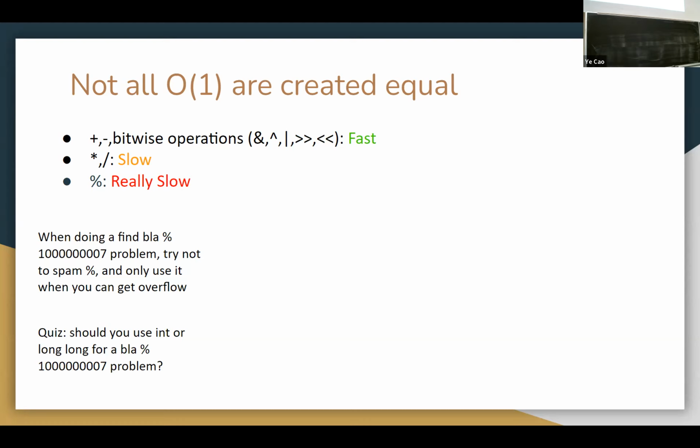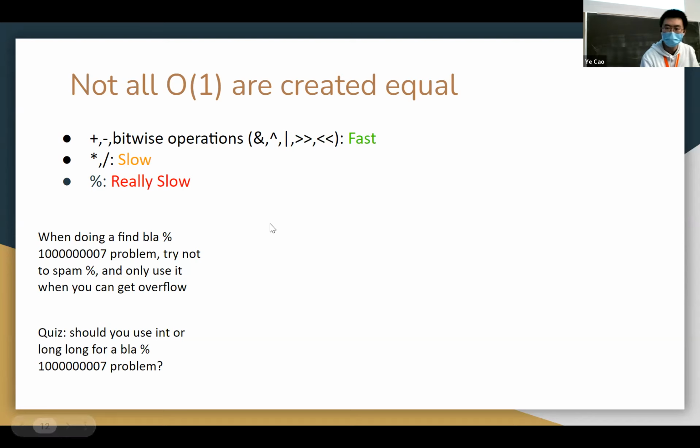Because remember, what's approximately the largest number a long long can hold? Yes, 9 times 10 to the 18. Our number is only about 10 to the 9, so if we square the number, we get 1 times 10 to the 18, which is definitely less than 9 times 10 to the 18.